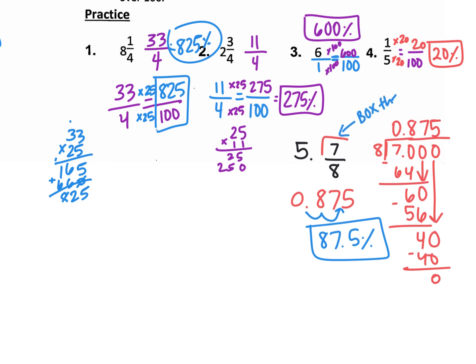Box the top and divide. Okay, that's just an example of one that doesn't evenly go into 100, that I can't evenly make out of 100.